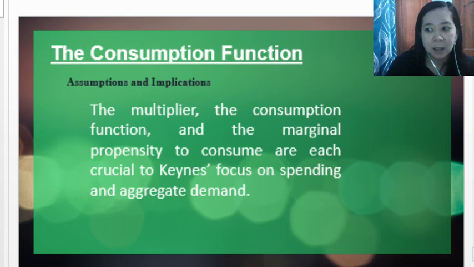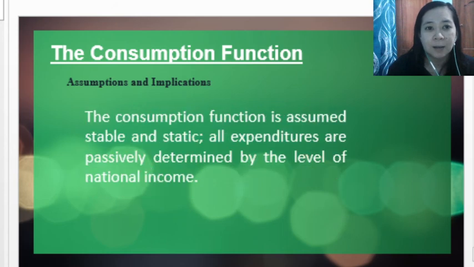So these are also his assumptions in creating the consumption function or formula. The consumption function is assumed to be stable and static, meaning all expenditures are passively determined by the level of national income or the income of the individual.